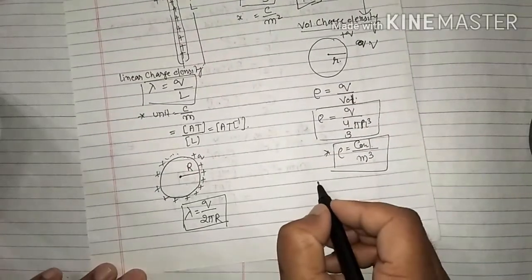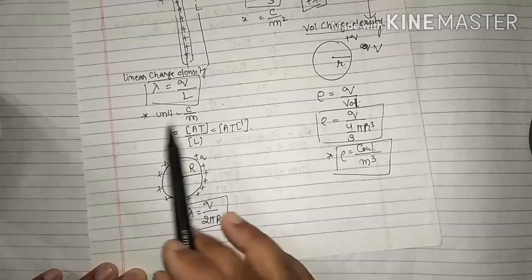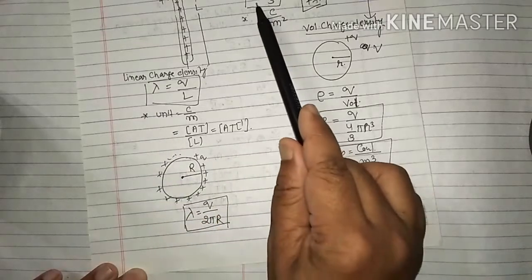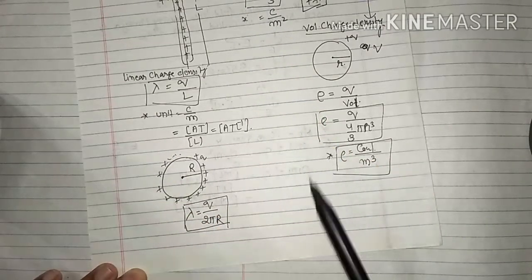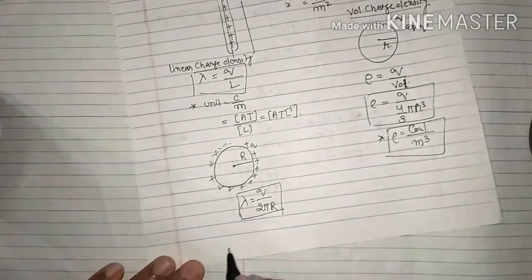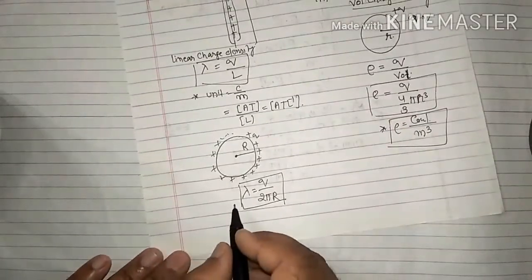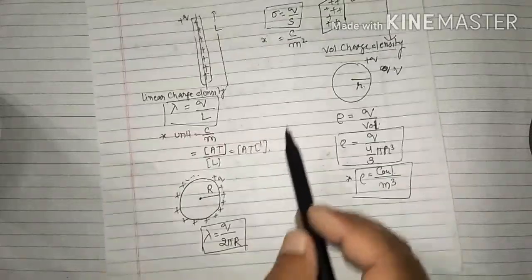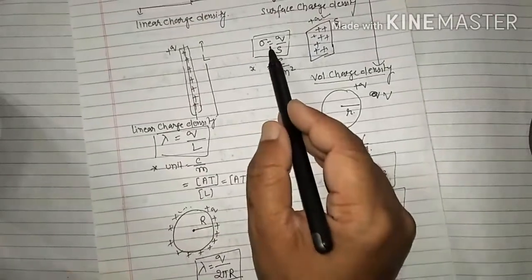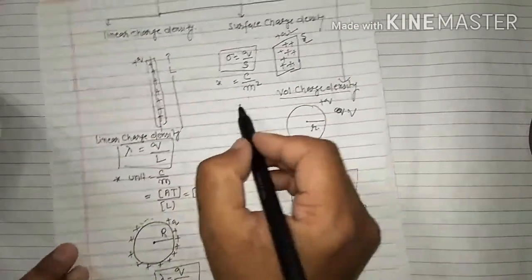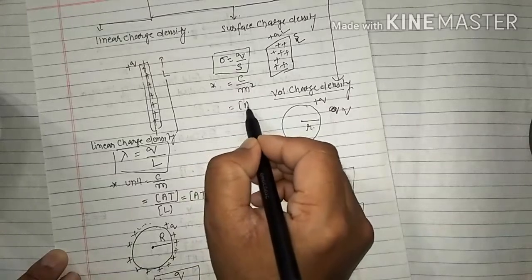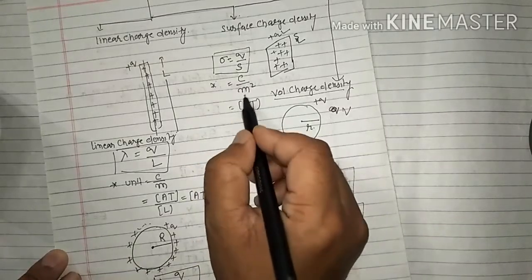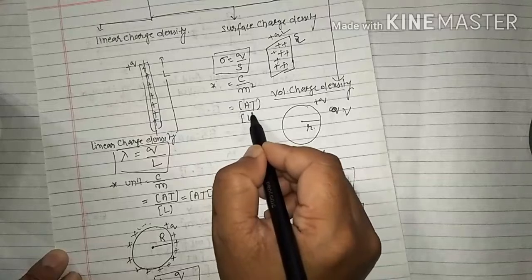Similarly, we can find the dimension of lambda, sigma and rho also. So the dimension of lambda will be A T L minus 1. Similarly, the dimension of sigma will be: charge, dimension of charge will be A T and area L square.